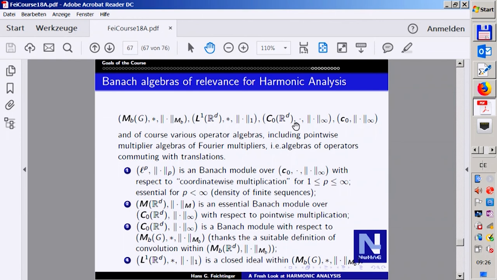Essential Banach modules, if your Banach algebra has approximate identities, are those where you're applying these approximate units and they work as approximate units on the space. So you may remember in C0, the approximate units were those functions which are uniformly convergent to constant 1 over compact sets. Discrete version, or maybe my prototype, is plateau functions.